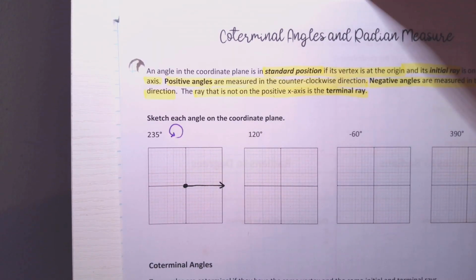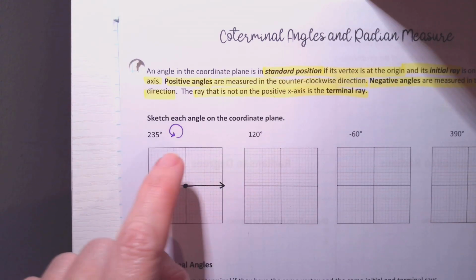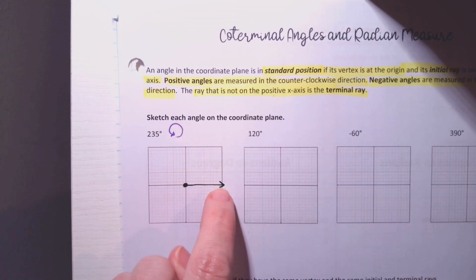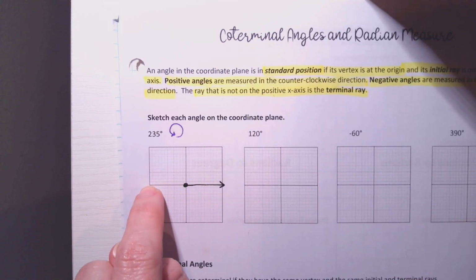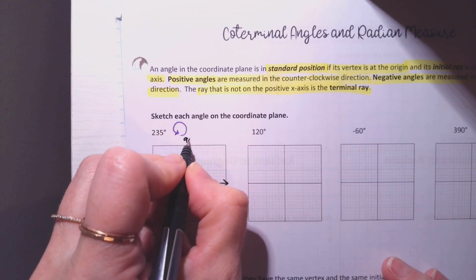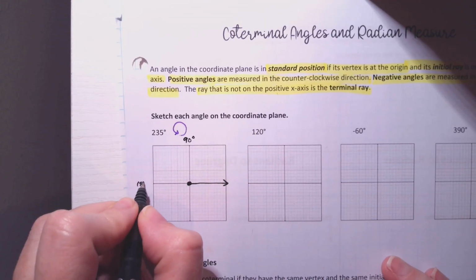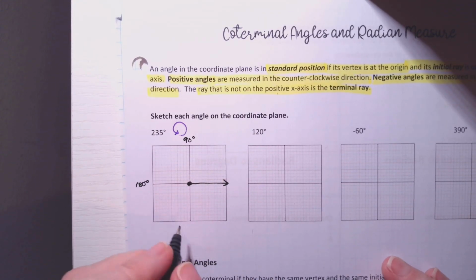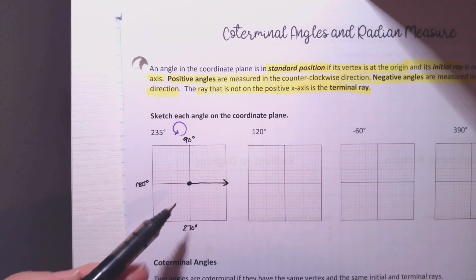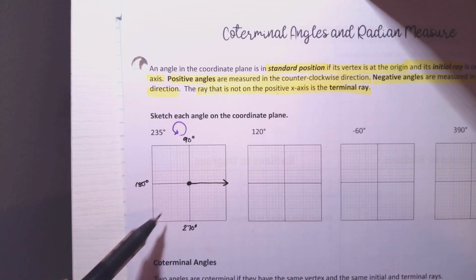And then for 235 degrees, well, we know straight up and down that right angle is a 90-degree angle. A straight angle would be a 180-degree angle. So we've got 90 here, 180 here, 270 would be here. So 235 is going to be in that halfway mark here.